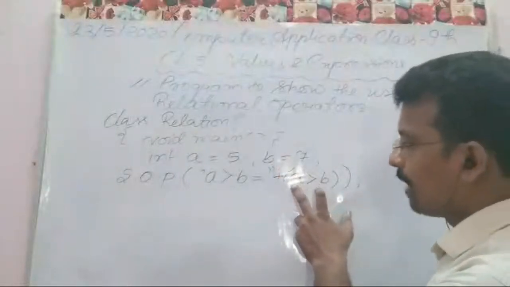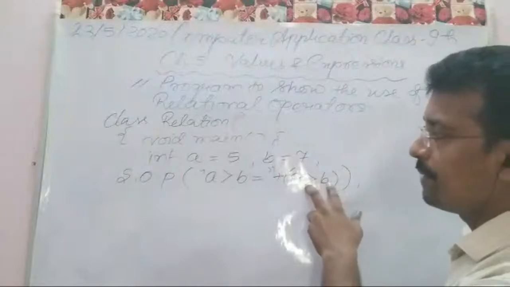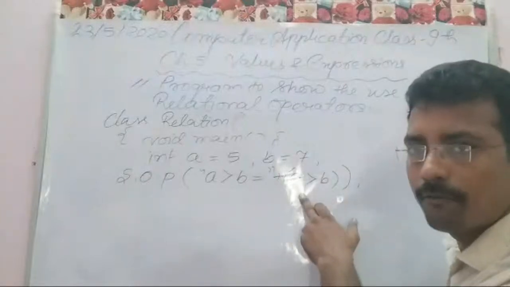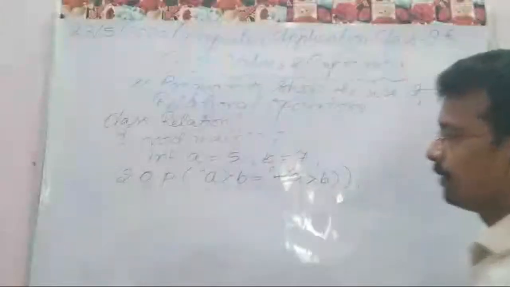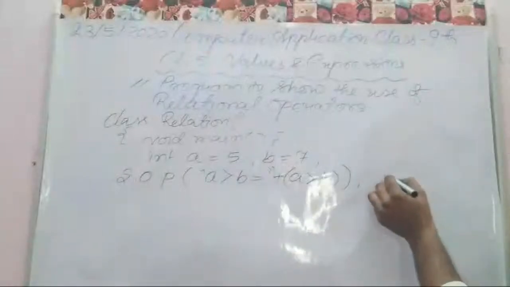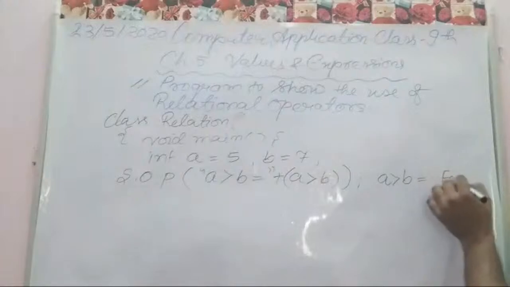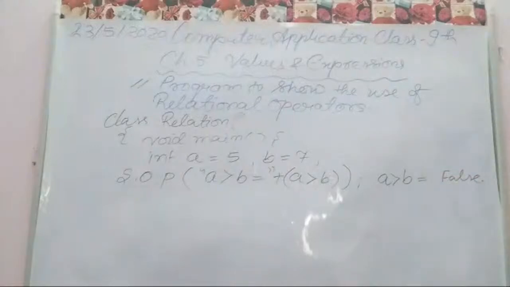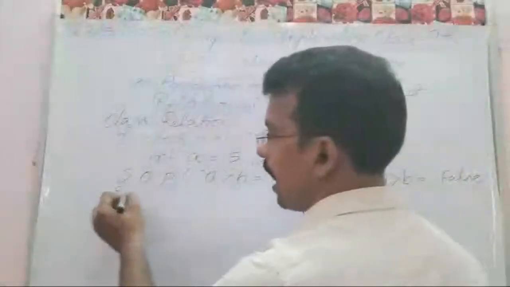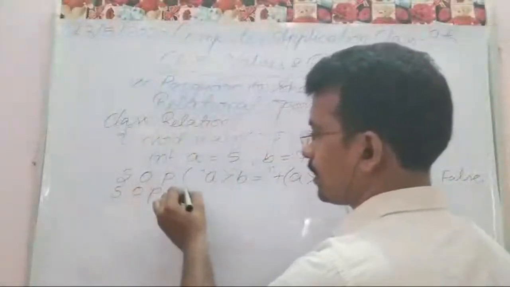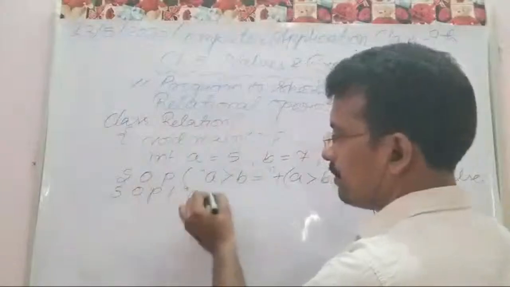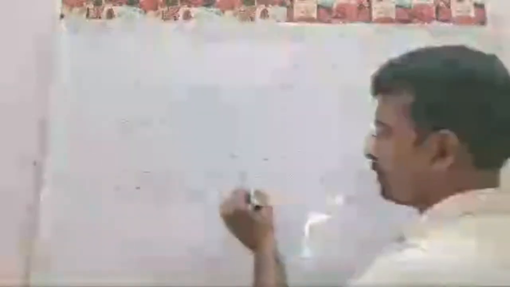And 5 is greater than 7 is compared, so the answer will be false. It will be displayed as: a is greater than b equal to false. Likewise, we can write all the operator uses and see whether they are working according to our expectation.